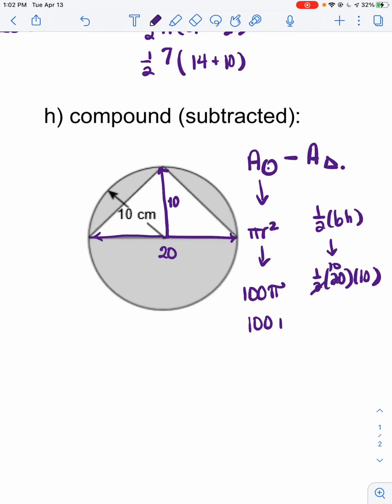I have 100 pi minus 10 times 10, or 100. 100 pi and 100 aren't like terms, so I can't put them together. So I could just leave it as 100 pi minus 100 centimeters squared. But in the answer key, I actually multiplied that pi out, and I got an estimated answer of 214 centimeters squared.